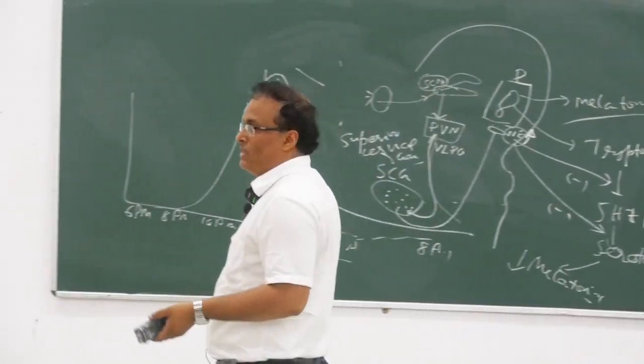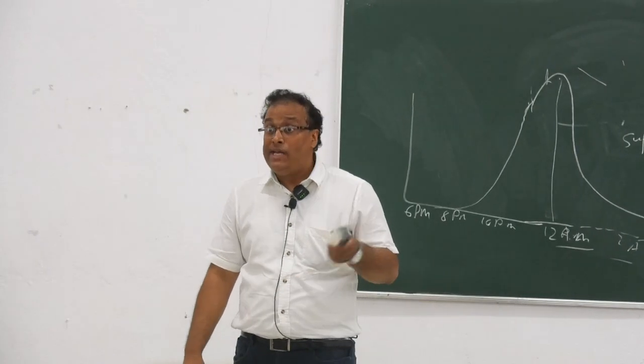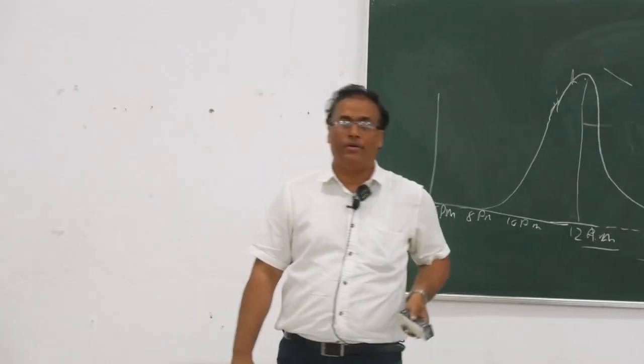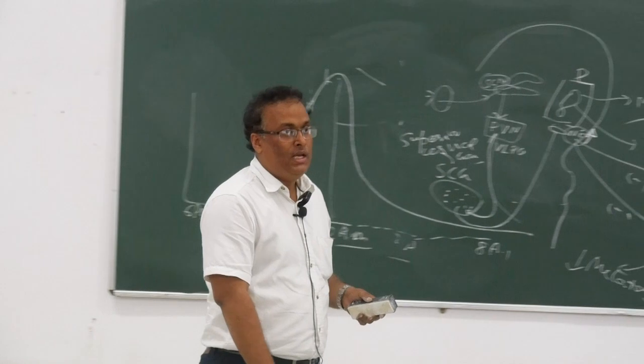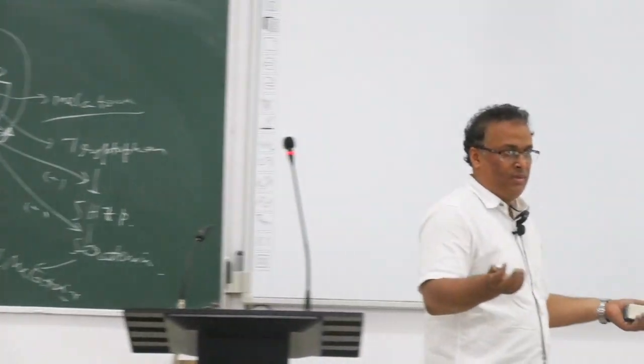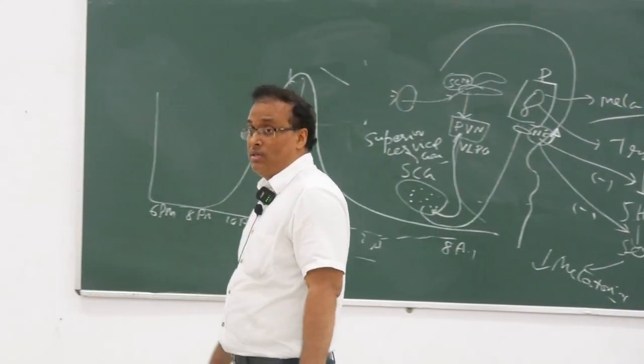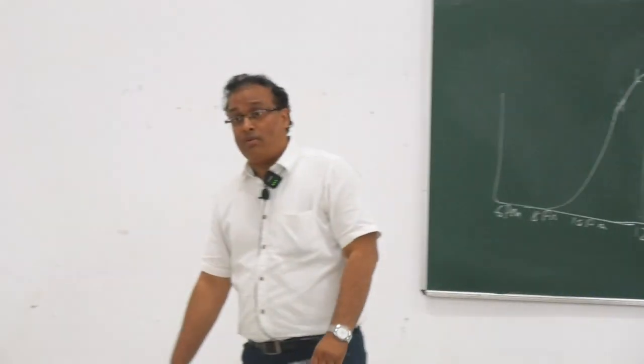Because mitochondria is the energy source, and melatonin also acts as an antioxidant superior to glutathione, superior to vitamin E, superior to vitamin C. So in your exam, if any examiner asks you to name some antioxidant, you can say melatonin. But there's a problem also.